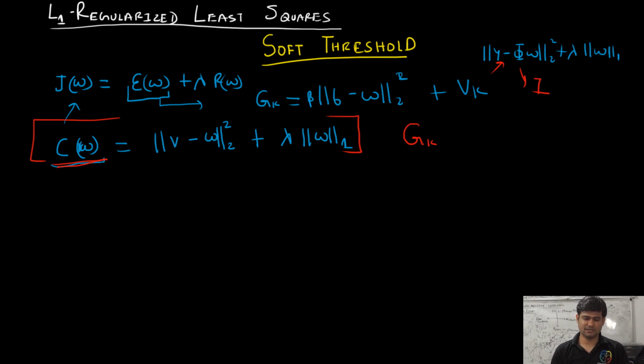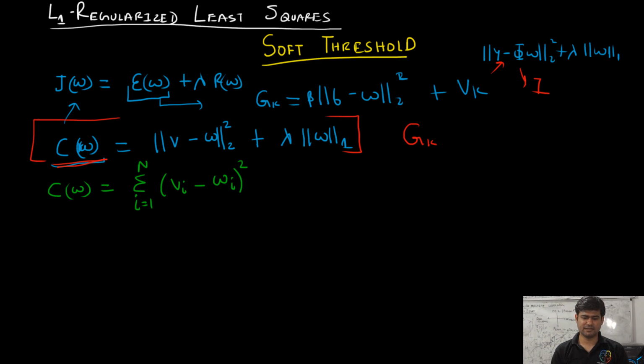So we can see that C of W can be written as, since there is no matrix phi, the sum for all i equal to 1 to n, where n is the dimension of the vectors W and V, of Vi minus Wi squared.